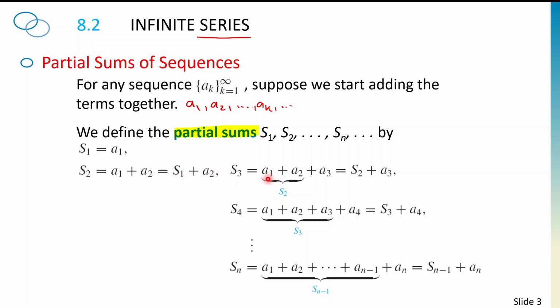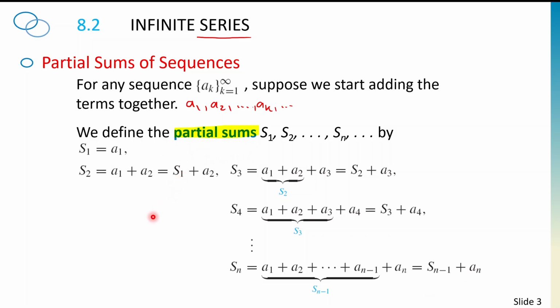Then S3, you add the first 3 terms, which is S2 plus a3, and you keep doing the same thing up to, in general, Sn. So I'm finding the partial sum Sn. You add up the terms of the sequence from a1 up to an. I could see it as S(n-1) plus an. So every time you add one additional term. This is what we call the partial sums.